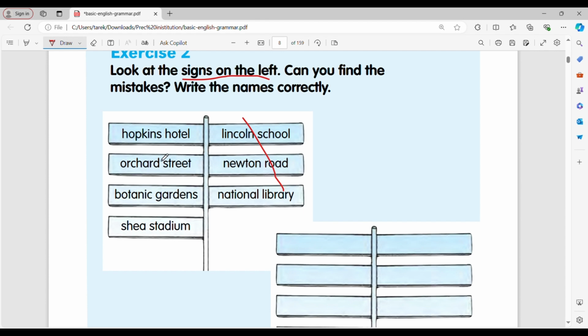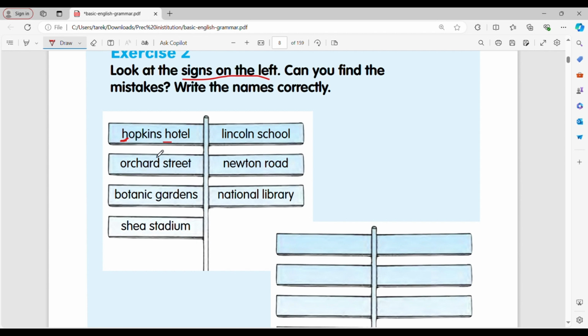Or we can solve them together, all of them, it's fine. Okay, so Hopkins Hotel. Hopkins, it's a name, so H should be capital. Okay, hotel is a name of a place, we should capitalize it.